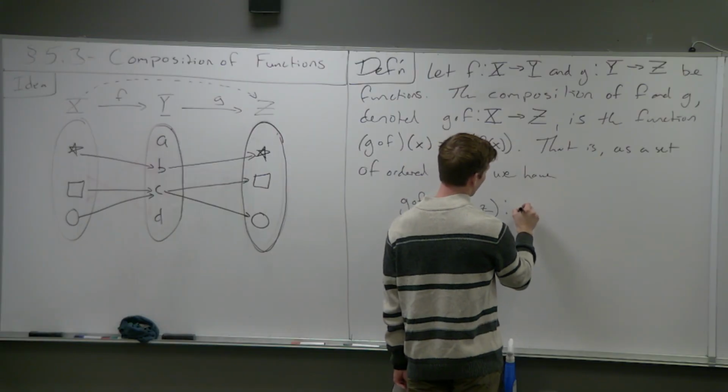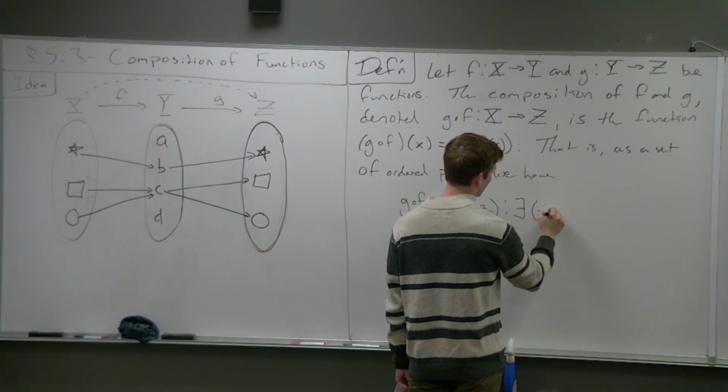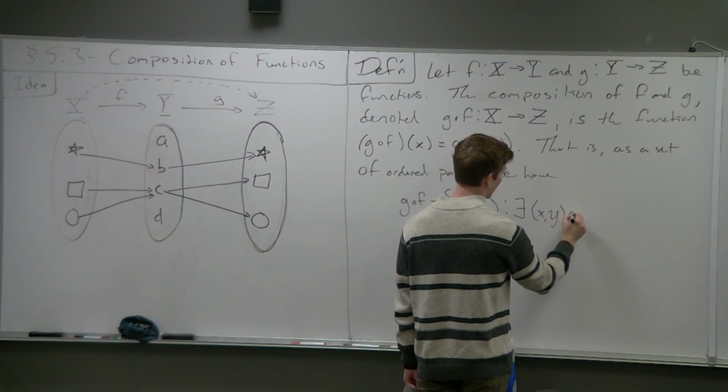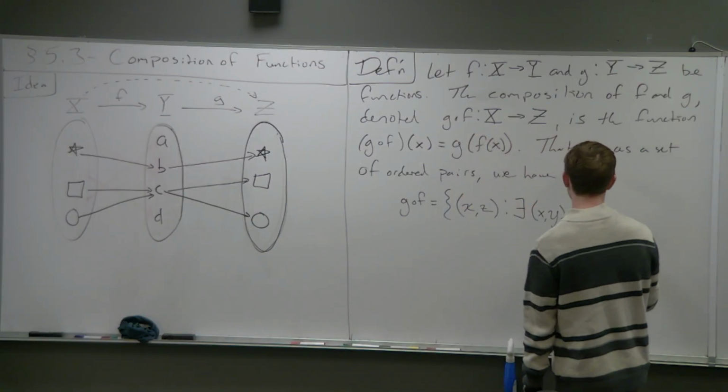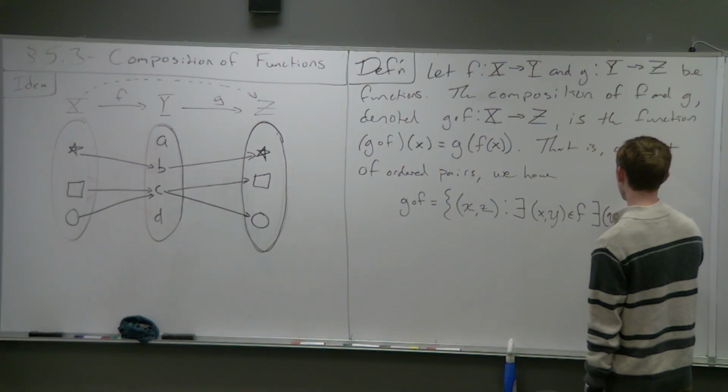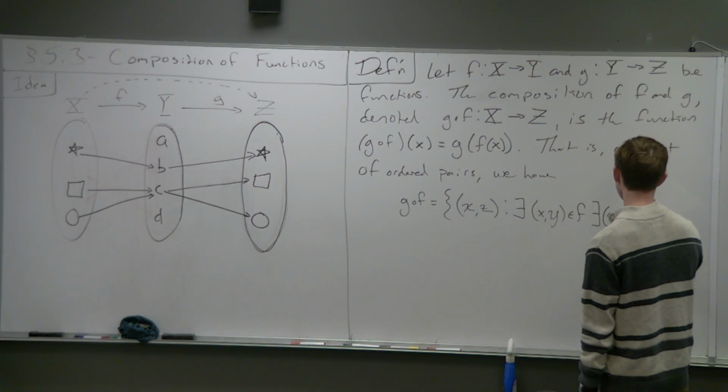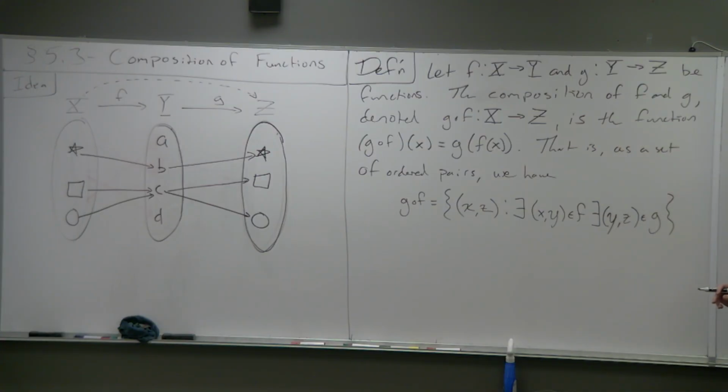Okay, so we need some (x, y) in f, and there has to be some (y, z) in g. Does that sound reasonable?